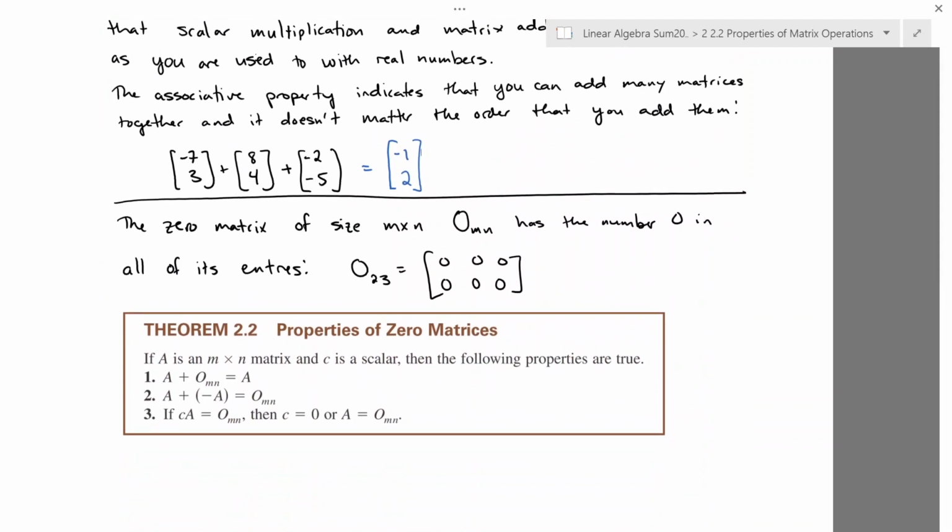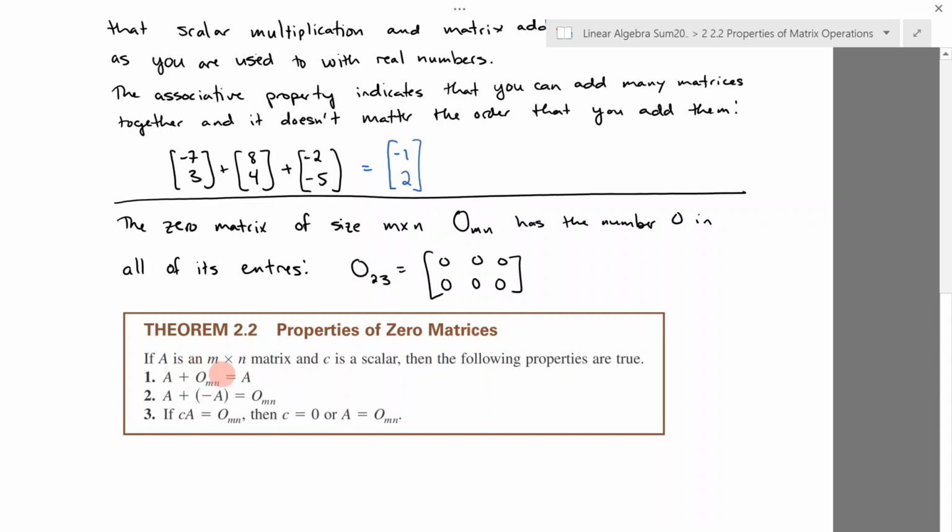So on the bottom of this page, we have a short discussion of the zero matrix. So the zero matrix of size m by n is just a matrix with zeros in every single entry. Right, so here's the 2 by 3 zero matrix. So again, the zero matrix plays the same role as adding by zero does when working with real numbers.